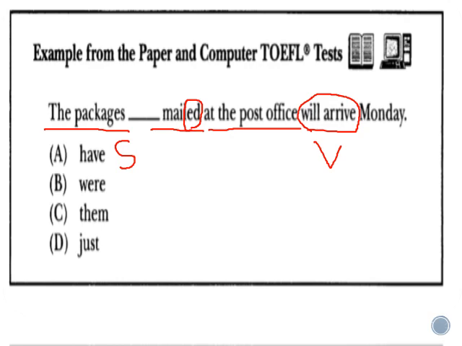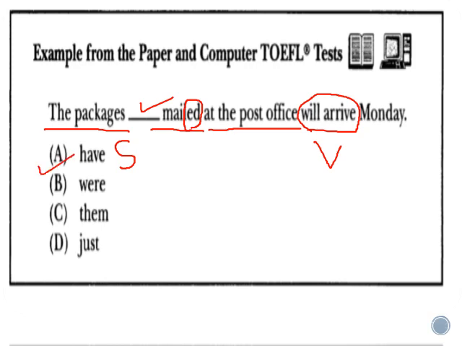So what do we need here in this space? Here we need something that fills the gap, but this thing should not be a subject or a verb. Now let's eliminate the four choices.